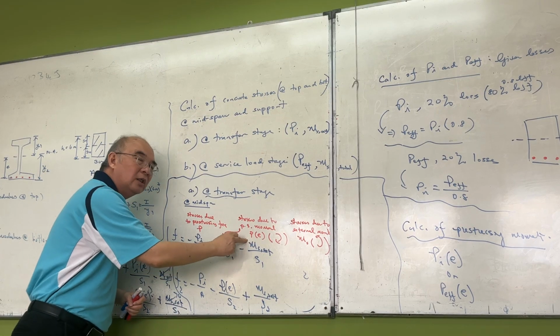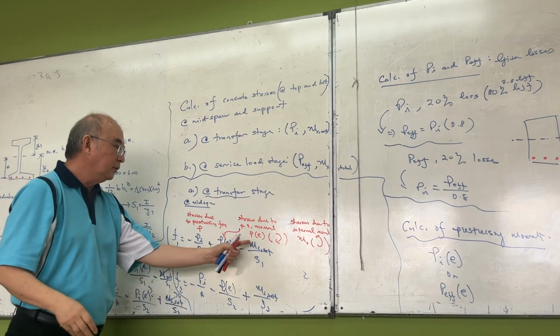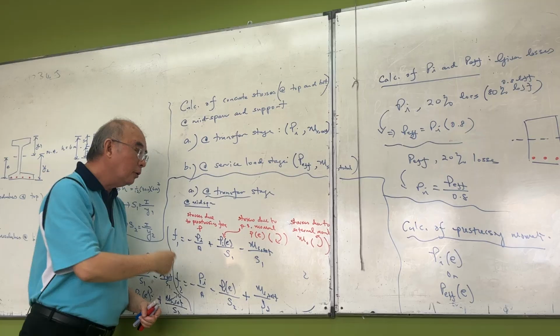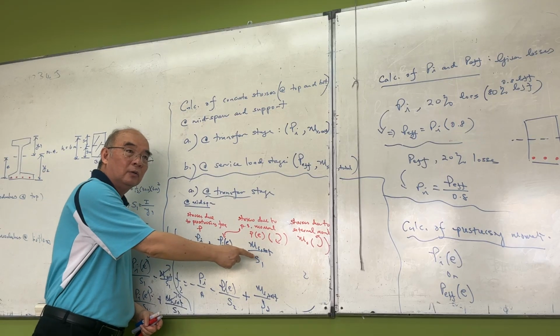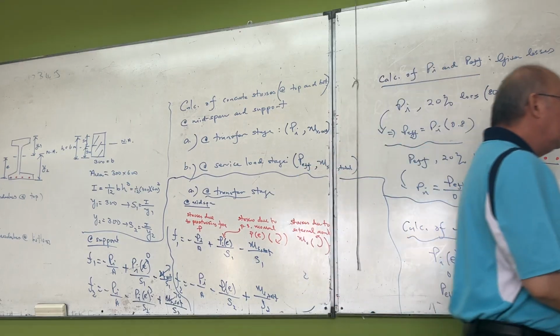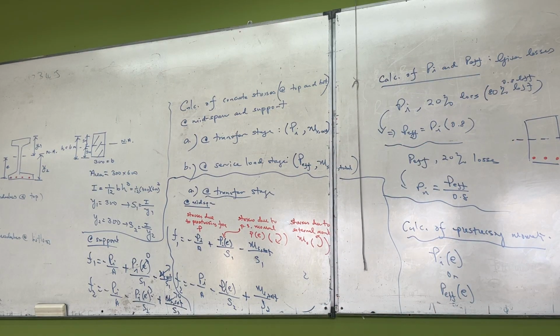And then my external moment changes from just self-weight to total. Total means include the self-weight also. You don't say I use only this one, because now at the service load stage, I use this total. You use the total. Okay? Right, can you remember or not?